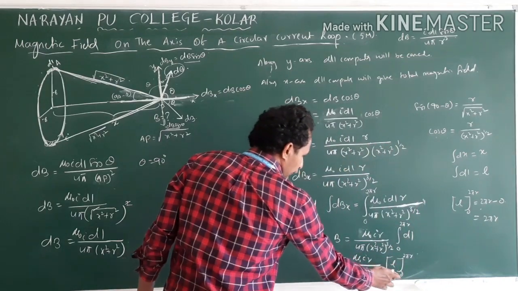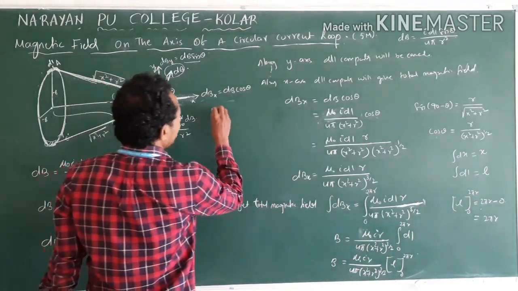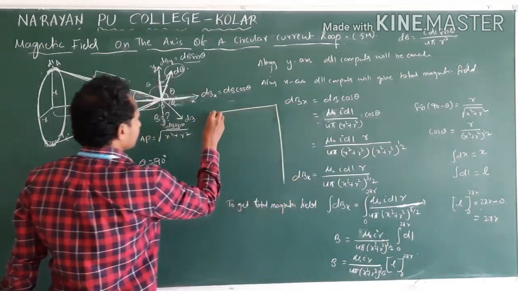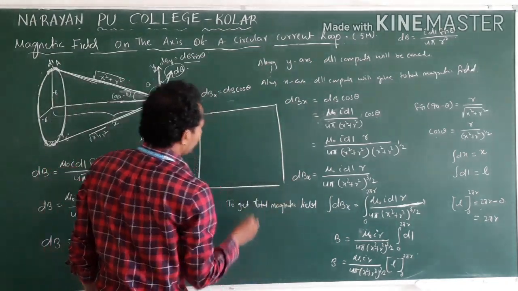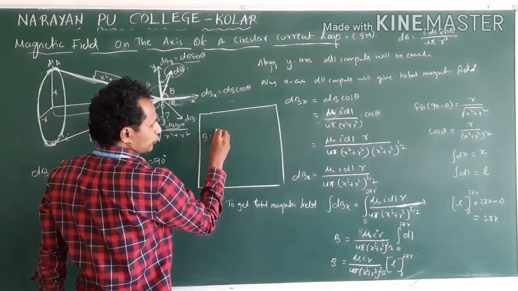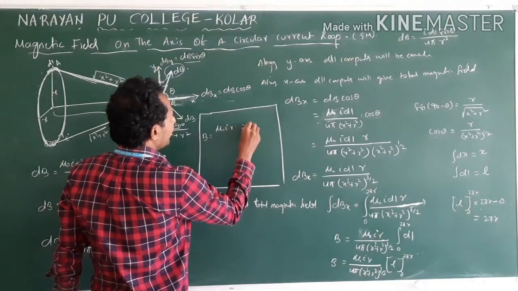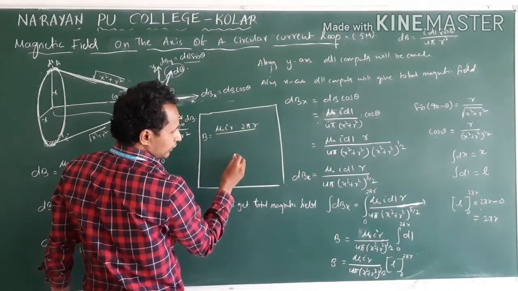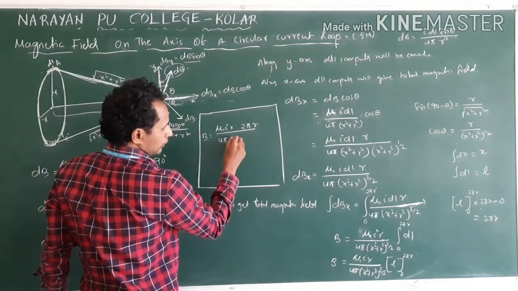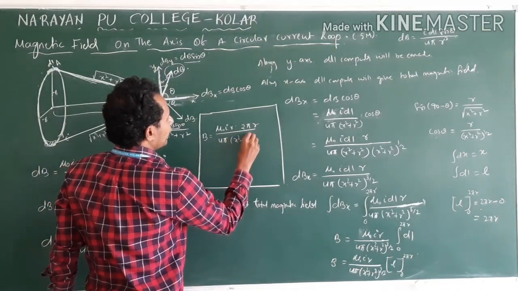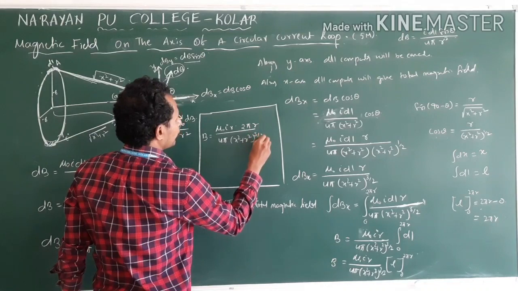Now I am writing the final equation here. The final field B is equal to mu naught I r into 2 pi r by 4 pi x square plus r square whole power 3 by 2.